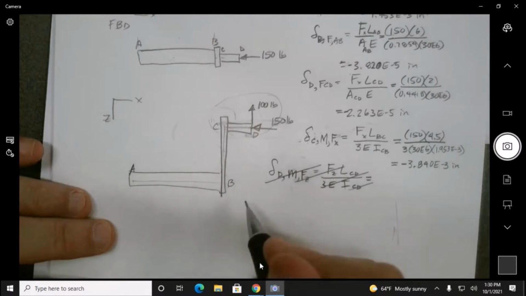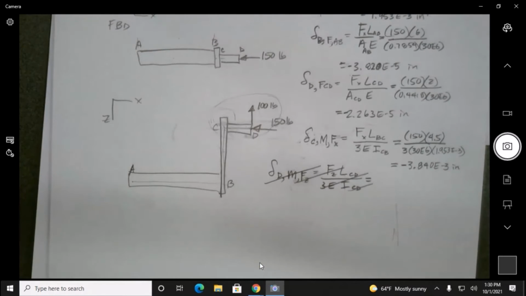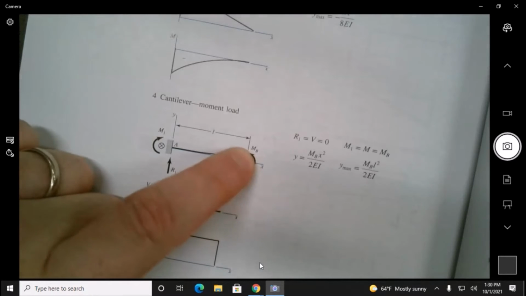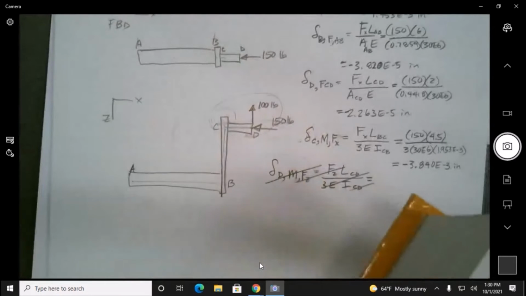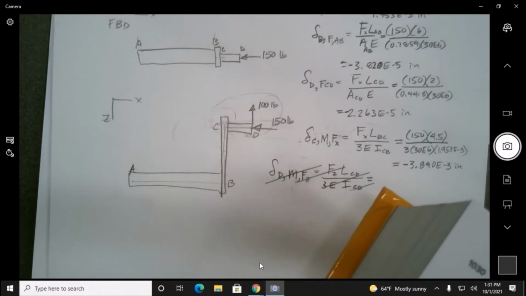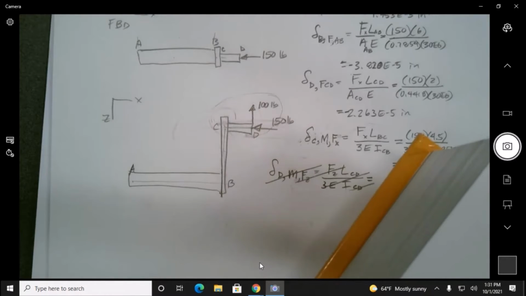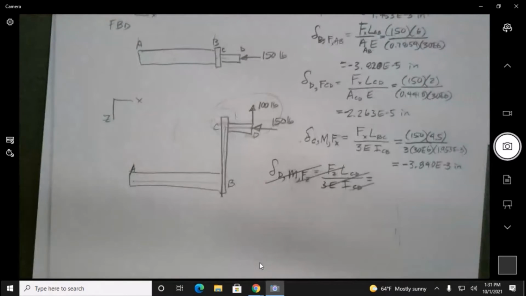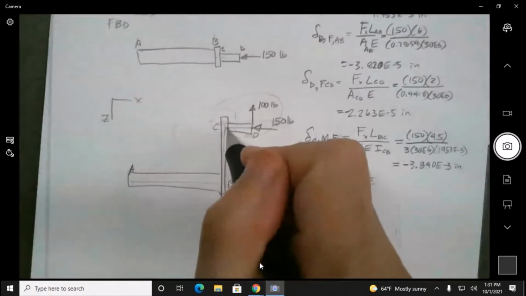So that one we will use this scenario right here. We're going to create that moment at the end due to that 100 times the 2 inches long. So it's going to be, I can do that in my head, 200 inch-pounds of a moment that is twisting and going to deflect this end.